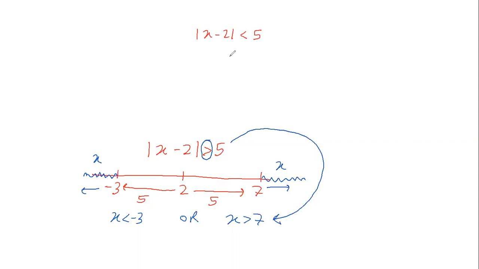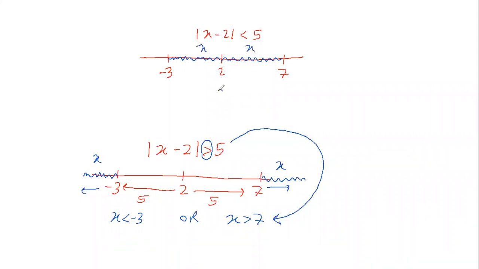So again guys, the distance of x from 2 is always less than 5. So if I go 5 points ahead, I'll reach 7. If I go 5 points behind, I reach minus 3. But this time I'm looking for the values of x whose distance is always less than 5. So x could be anywhere between this, or x could be anywhere between this. It has to be less than 5 points away from 2.